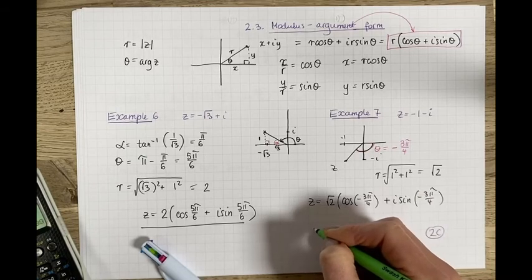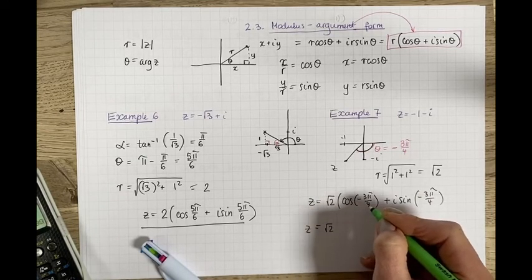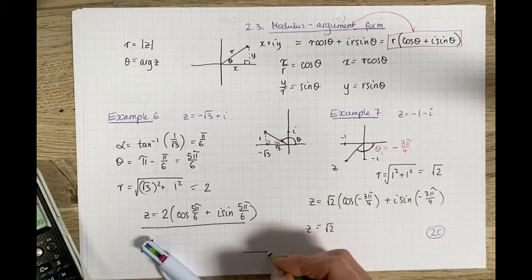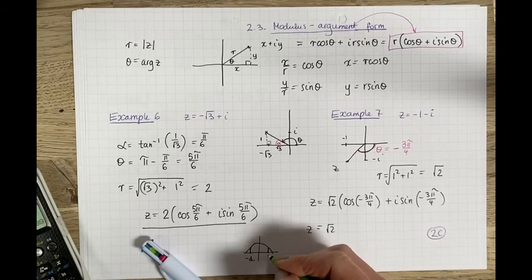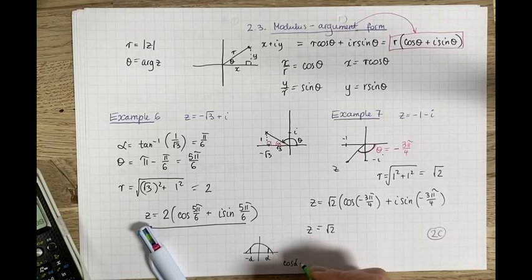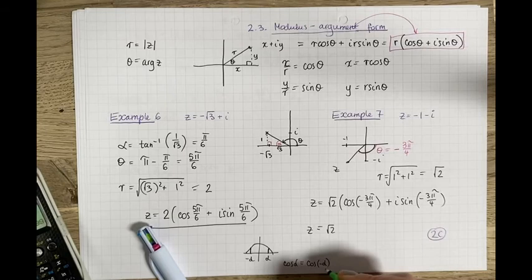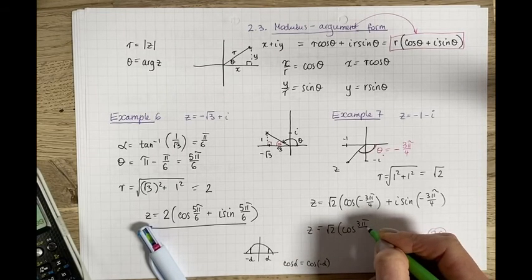Now, if you give your answer like this, because cos theta, if you think about the cos graph, if I've got minus alpha here, that will give me the same answer as plus alpha. So cos alpha is the same as cos minus alpha. So you could actually write it like this.